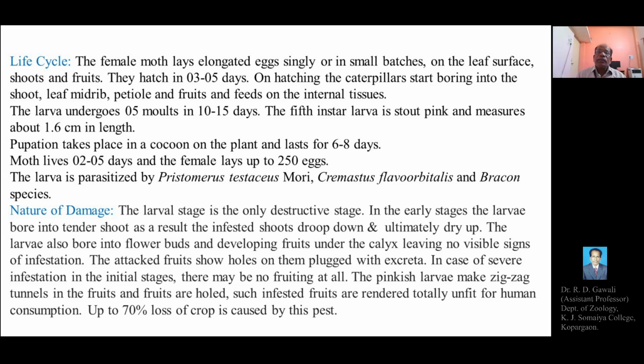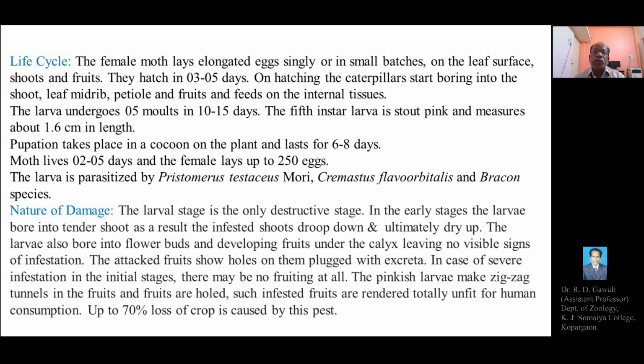As a result, the infested shoots droop down or fall down and ultimately get dried. The larvae also bore into the flower buds and the developing fruits under the calyx, leaving no visible sign of the infestation or attack.